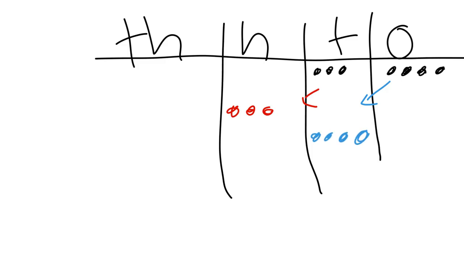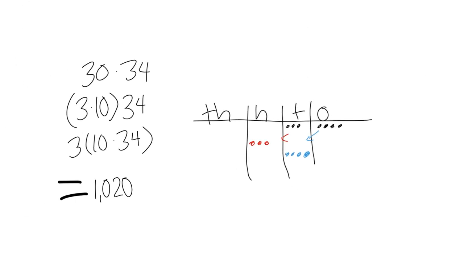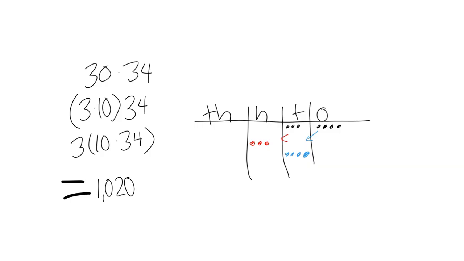So we'll have 4 tens. We did 10 times 34, so that's going to be 340. And now we have to multiply that by 3.